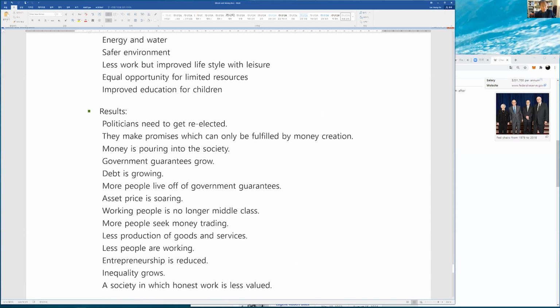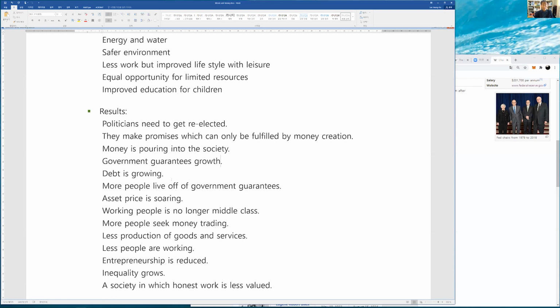So when they get elected, money is poured into the society. Government guarantees growth, and the debt is actually growing because this money generation is done by securities of a sovereign nation.